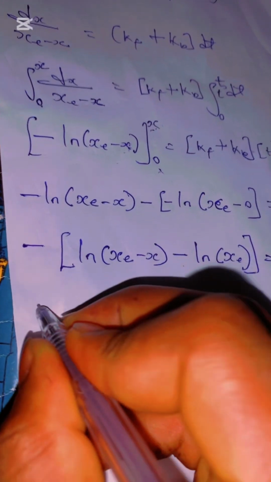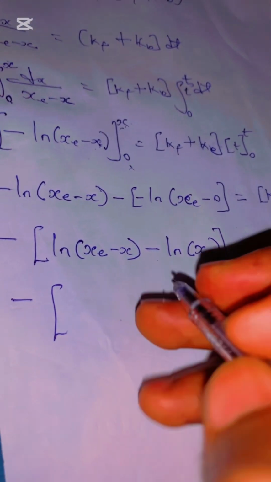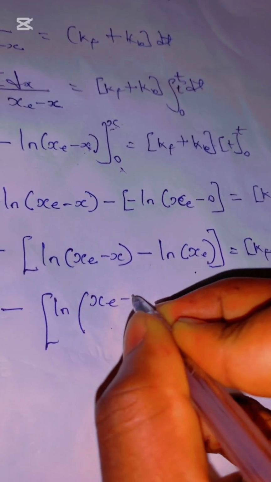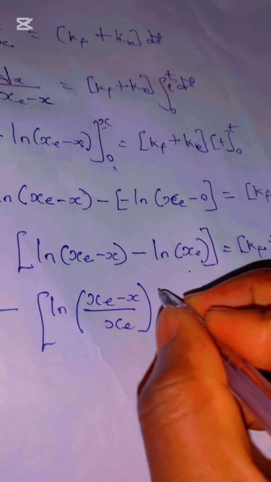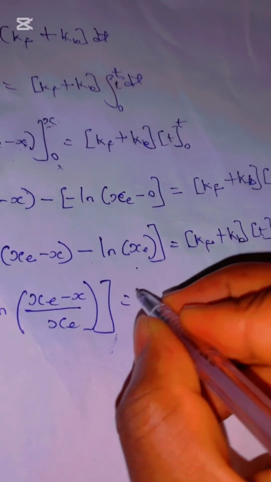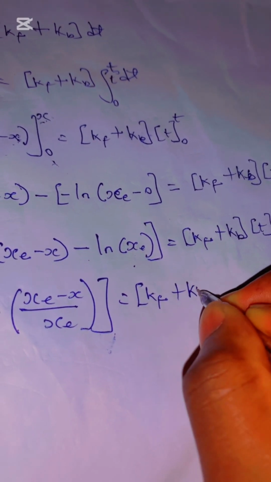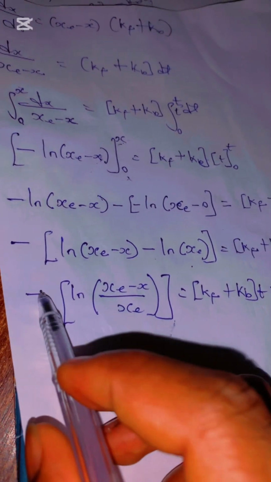So here I'm going to have minus, open bracket. If I have minus in front of ln, this will give me ln, open bracket, xe minus x over xe, close the bracket. And then I have my kf plus kb, and I have my t. Do you get? Now let's bring this minus to this side.